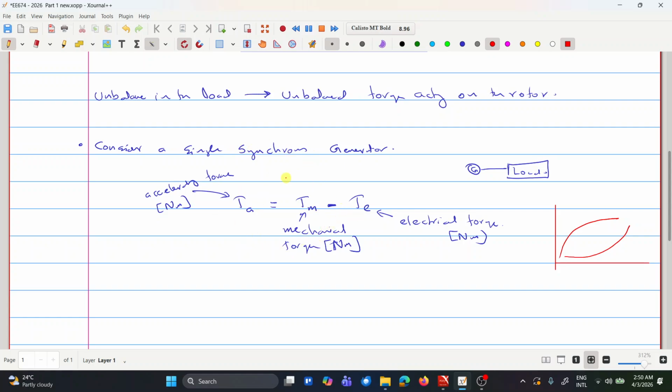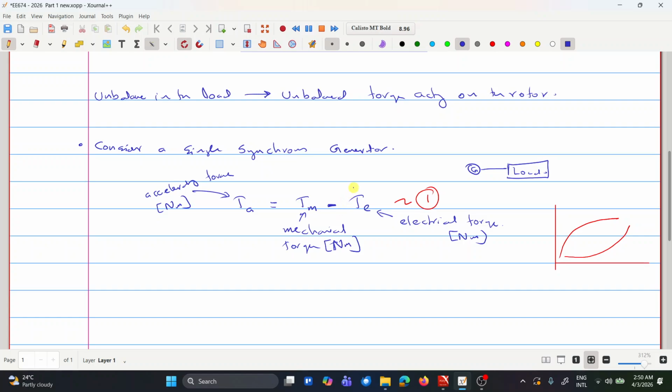So the generation demand unbalance is reflected as the accelerating torque in the synchronous generator. Let's say this is equation number 1.